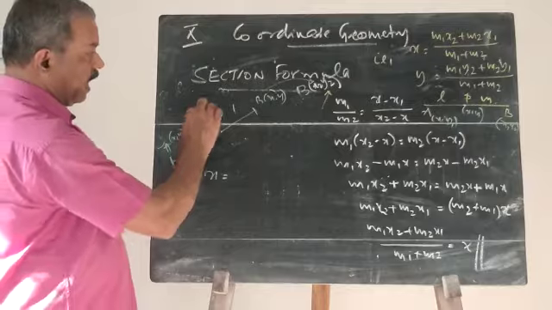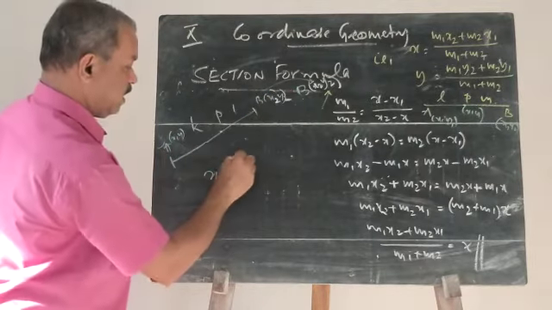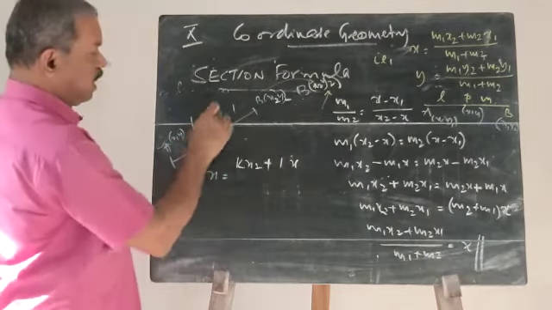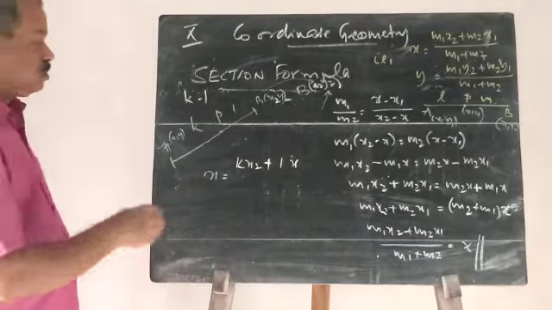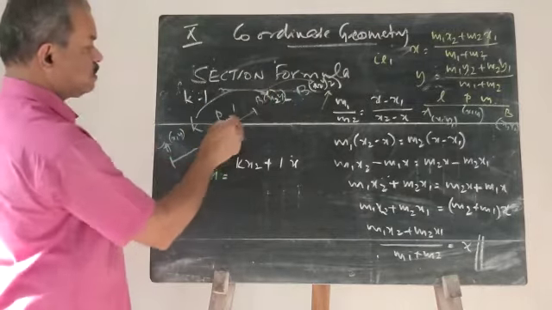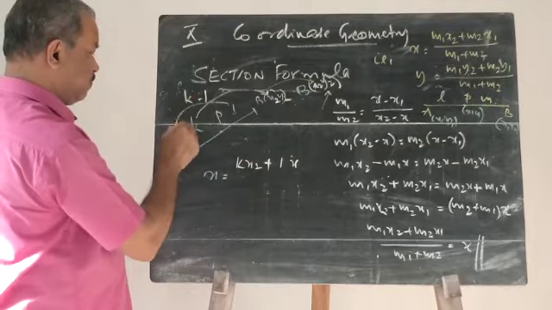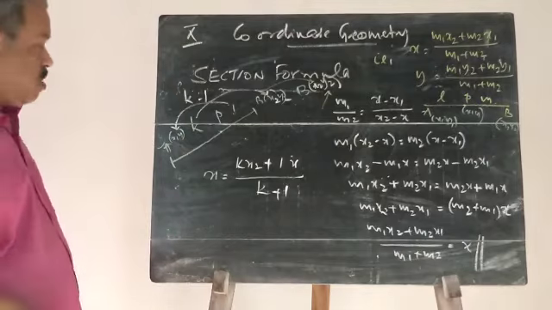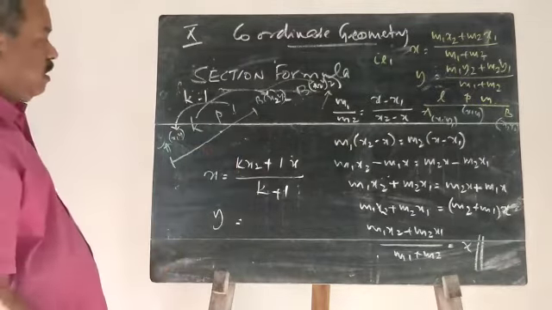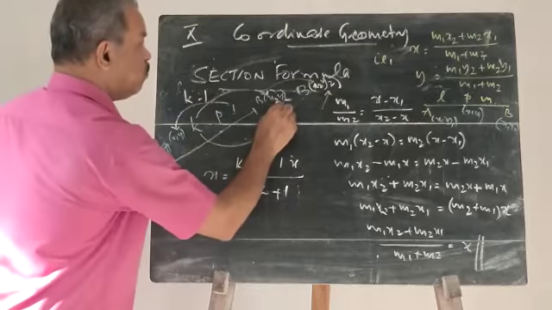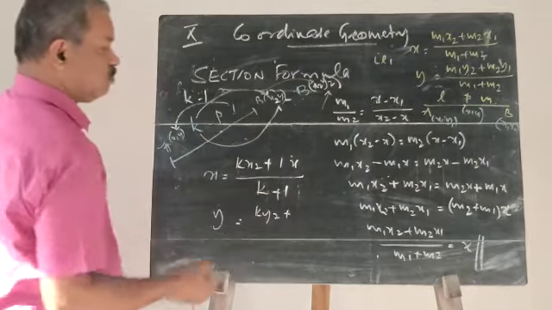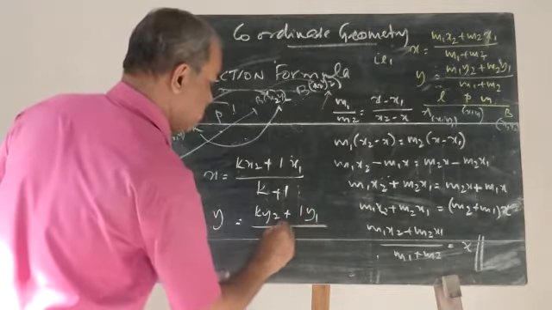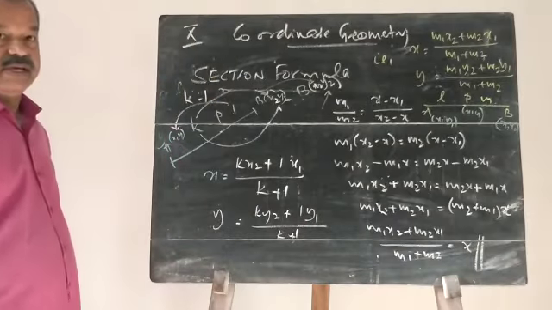X equal to (k x2 plus 1 x1) by (k plus 1). The y coordinate of P is (k y2 plus 1 y1) by (k plus 1).